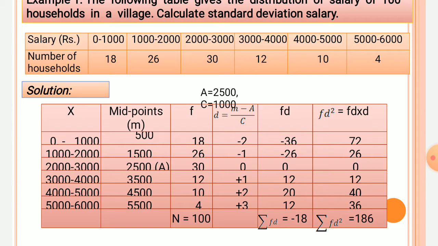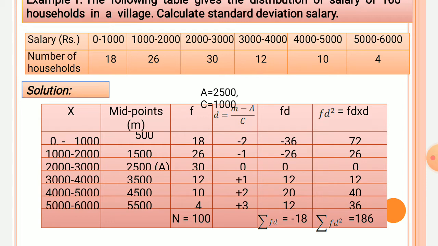And in the last column we calculate fd square, fd into d: minus 2 into minus 36 is 72, minus 1 into minus 26 is 26, 0 into 0 is 0, 1 into 12 is 12, 2 into 20 is 40, 3 into 12 is 36. This is the table which is to be prepared before applying the formula.